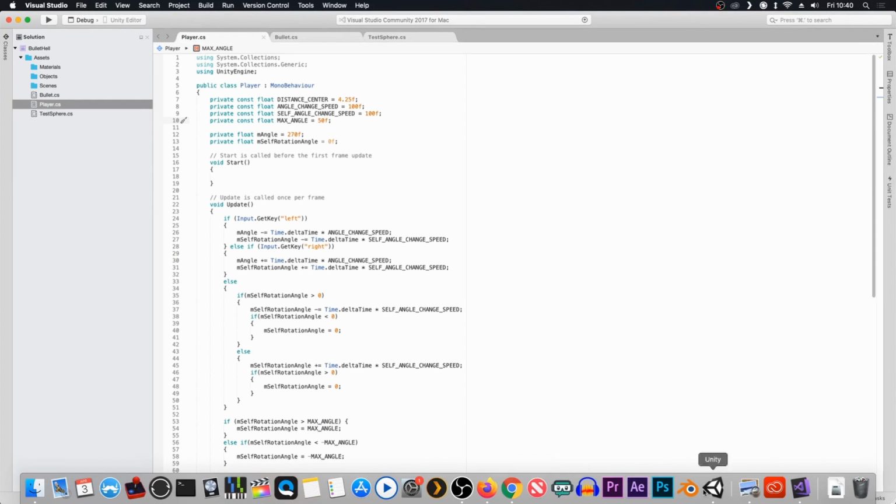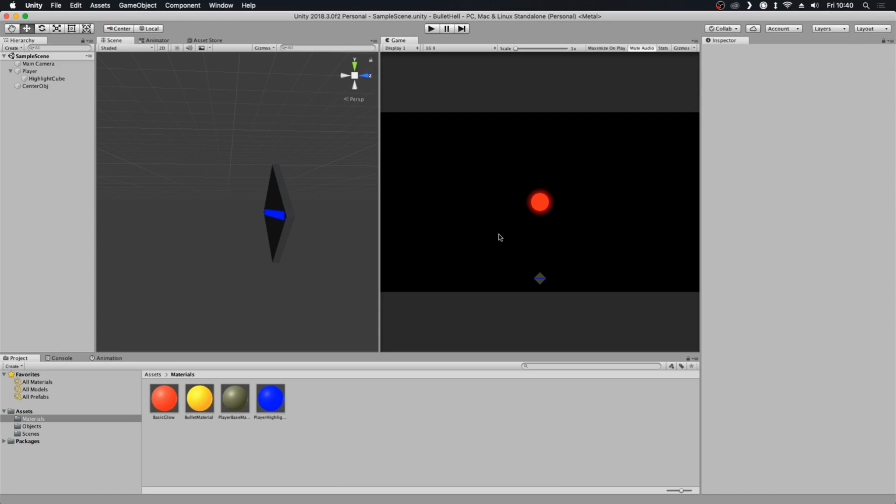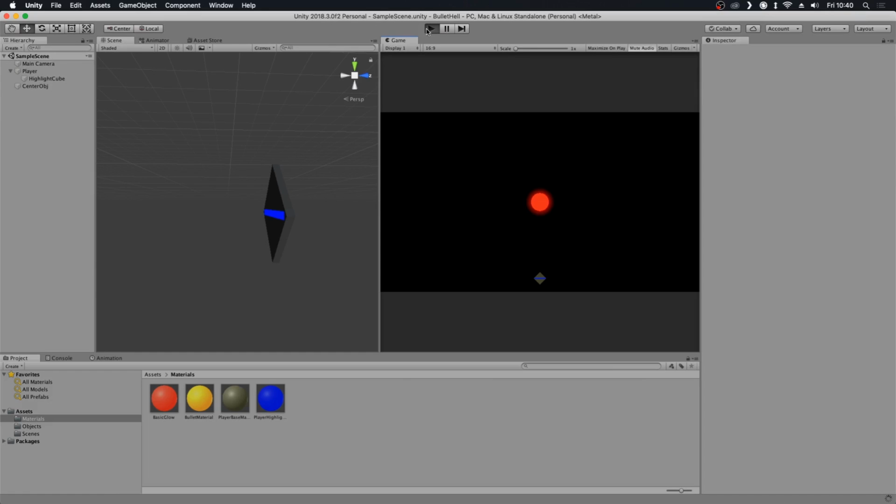Maybe, but I like the concept of just having that rotation. I think it really helps make it feel like it's moving side to side. Yeah, much better.